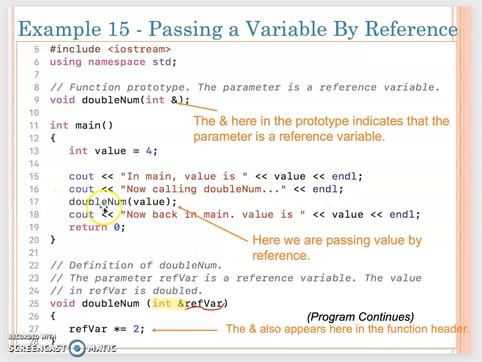When you call the doubleNum function, you are still doing the same thing: you call the function name, then you pass in the variable name. Even though you're still passing the variable name, when calling this function, I pass in the value by reference. That's why this refVariable will refer to the same location as this value.